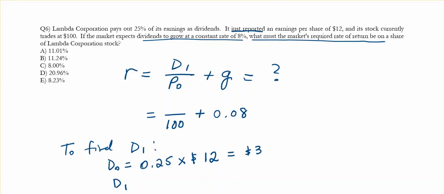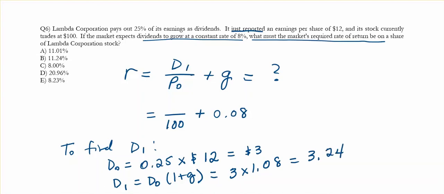But remember, I need D1 in this formula. So the way you would find D1 is to use the growth rate in dividends, add 1 multiplied by D0, and we know that the growth rate is 8%, giving us 3.24.